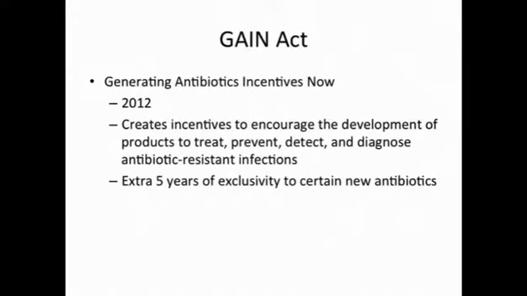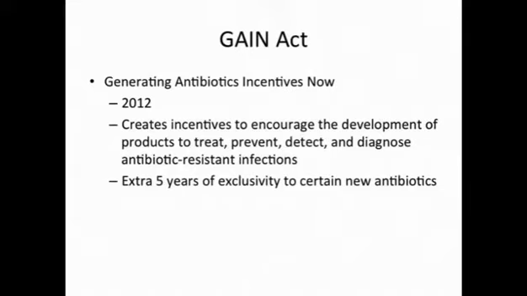One way the government is trying to avert the antimicrobial resistance problem is through the GAIN Act, Generating Antibiotic Incentives Now. This was passed in 2012, and it created incentives to encourage the development of products to treat, prevent, detect, and diagnose antibiotic-resistant infections.